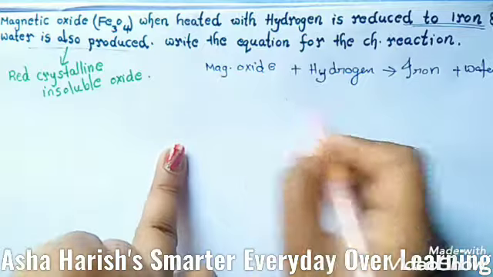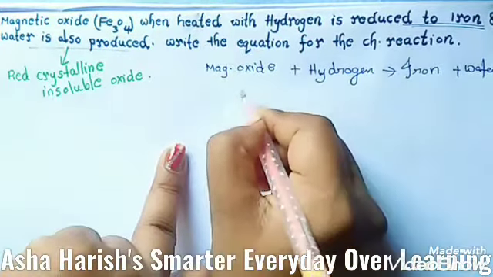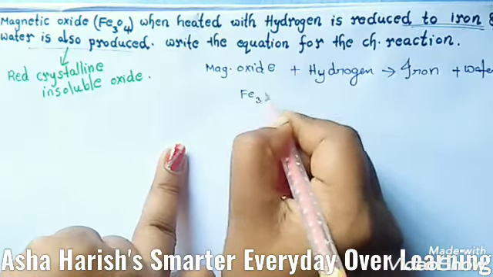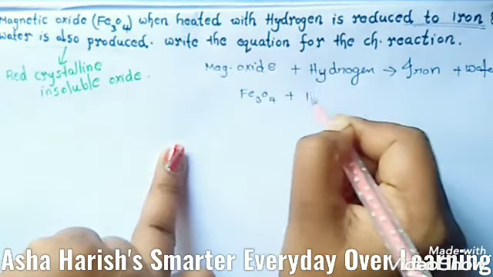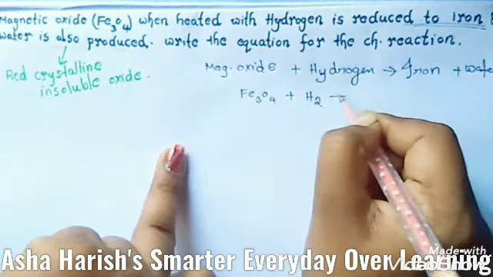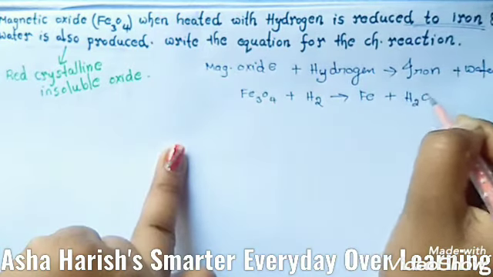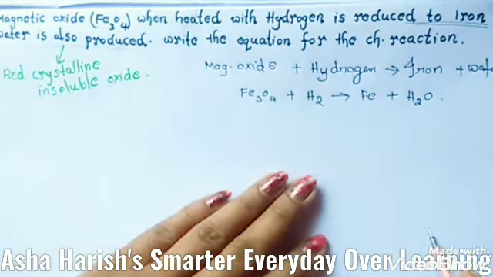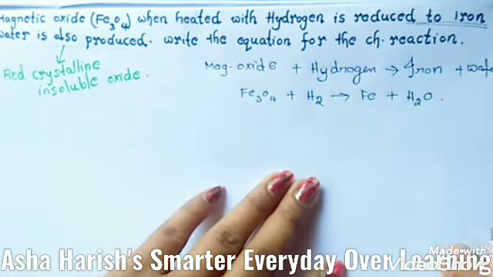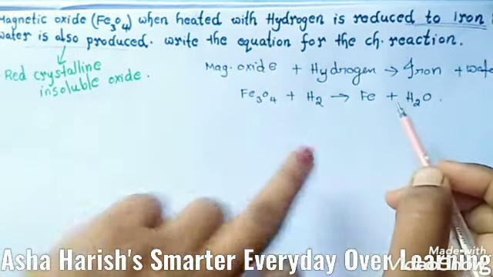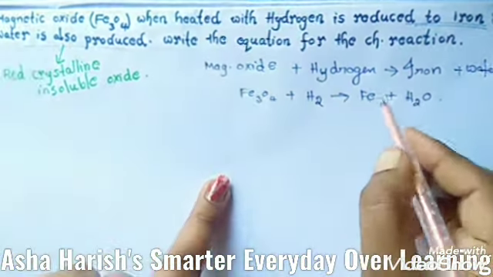Now let's write the skeleton equation for this. Fe3O4 plus hydrogen, symbol is H2, and iron symbol is Fe, plus water, molecular formula H2O. You know that very well, H2O. Now the equation contains hydrogen as an elementary gas.